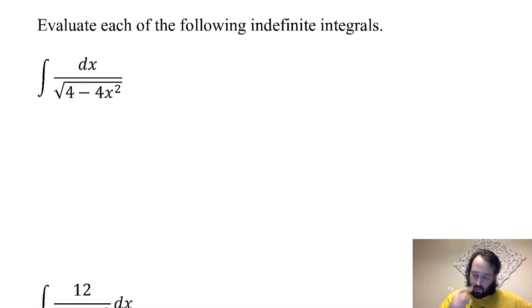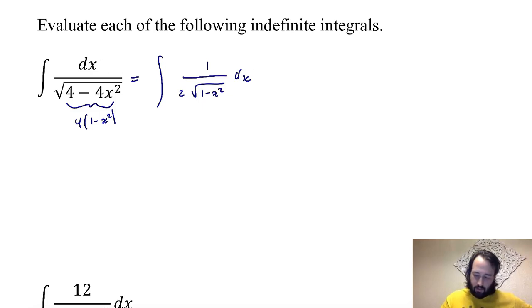But the way that I prefer to see this, and this is a little bit easier, is what I can do is I can factor out the 4, because really all that this represents is 4 times 1 minus x squared, which is straight up arcsine. And that means that I can rewrite this integral as 1 over 2 root 1 minus x squared dx.